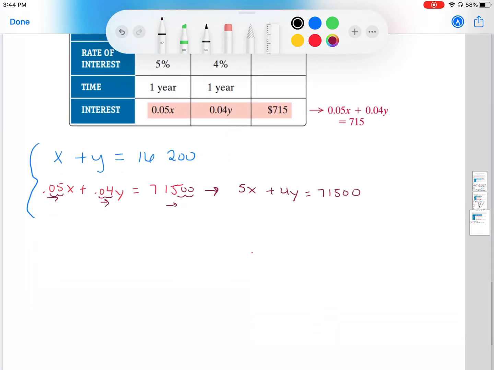So our new equations without the decimals, we have x plus y equals 16,200 and 5x plus 4y is equal to 71,500. And the reason why that second one looks different is, remember, we got rid of the decimals by multiplying by 100.